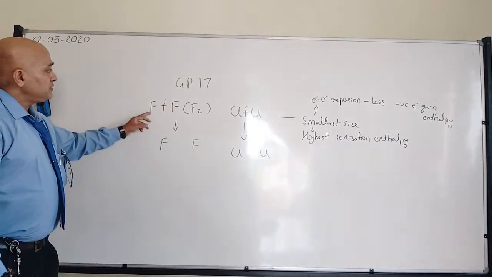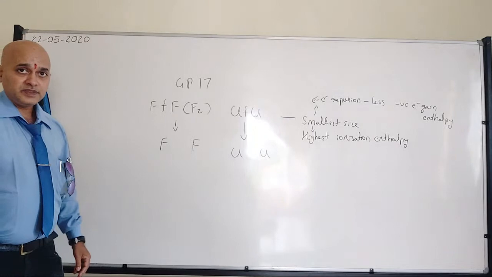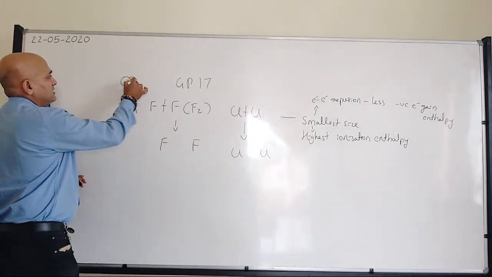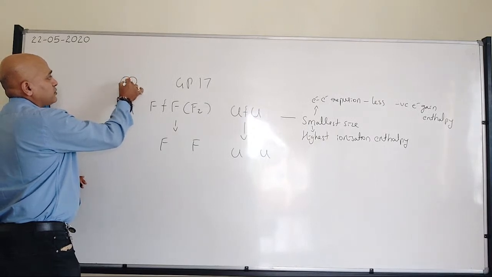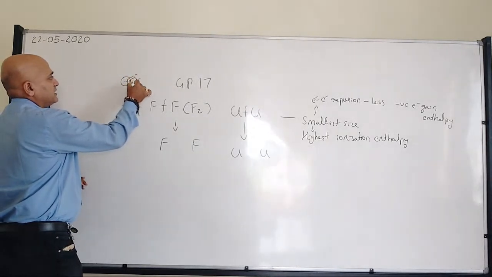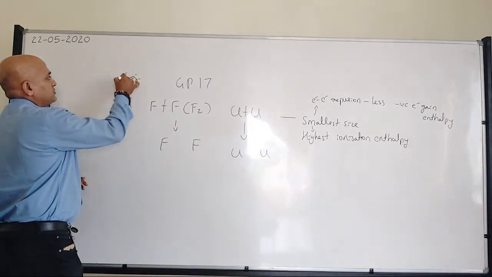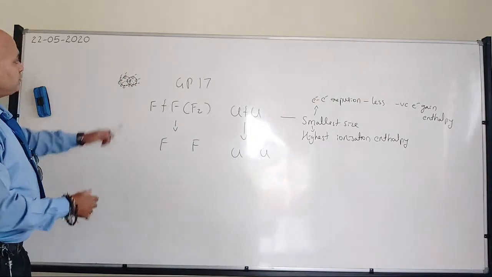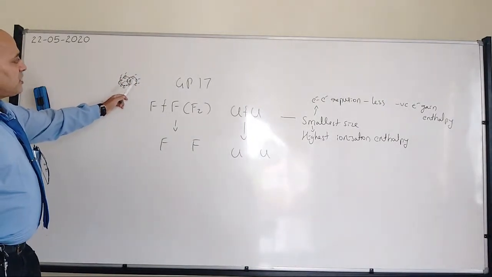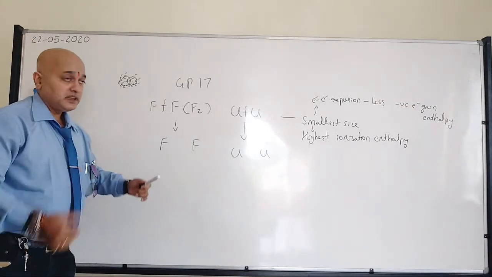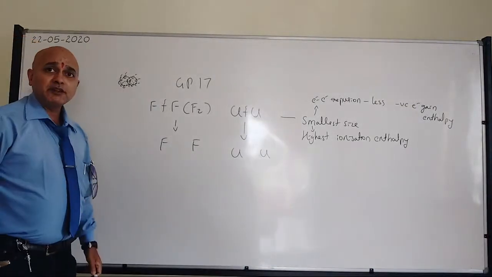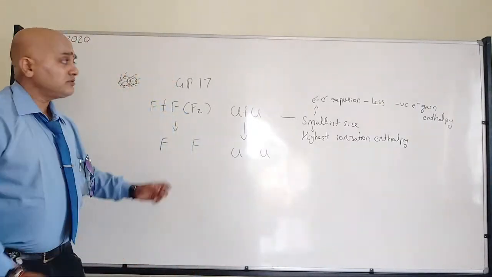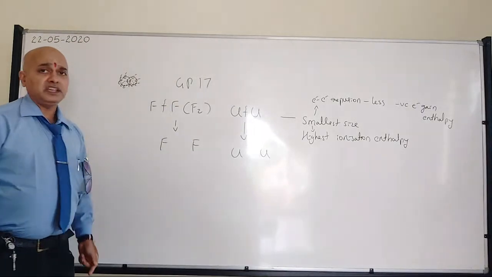Now, due to the smallest atomic size, this is one fluorine, this is another fluorine. Imagine, so many electrons are present, it is too much crowded. So what will happen? These two electrons which are involved in sharing, due to the closest approach, there will be repulsion between these electrons. So due to that, this bond will become weak.